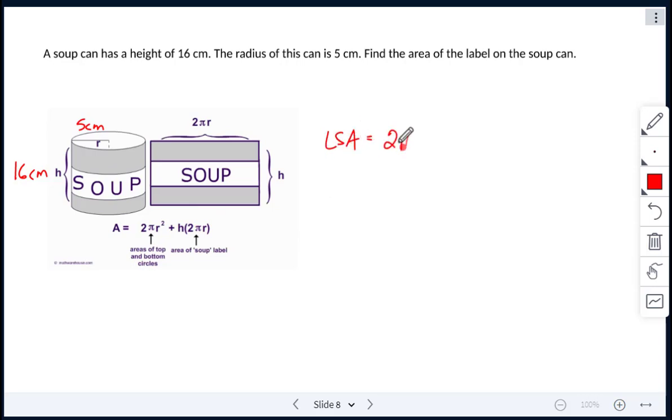So 2 pi r times the h, so 2 times 3.14 times the radius, which is 5, times the height, which is 16, and just multiply that out, and we get 502.4, and it's in centimeters squared.